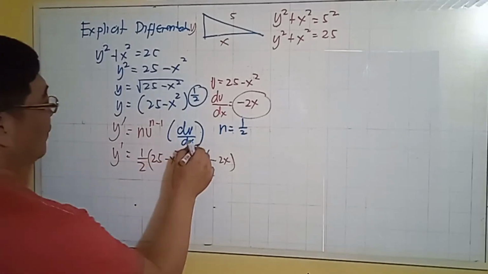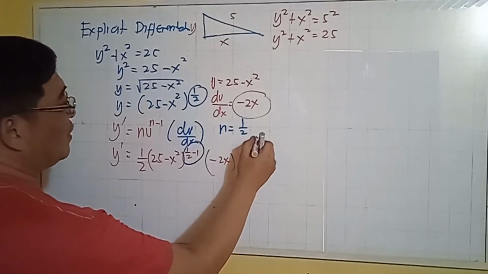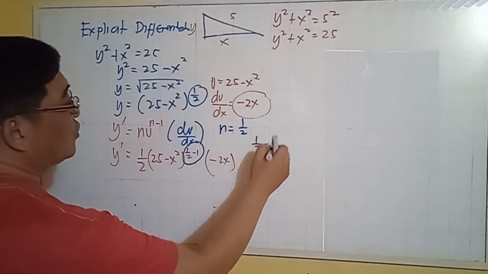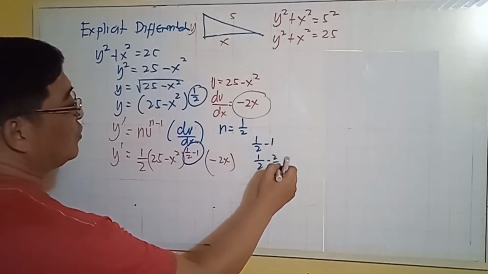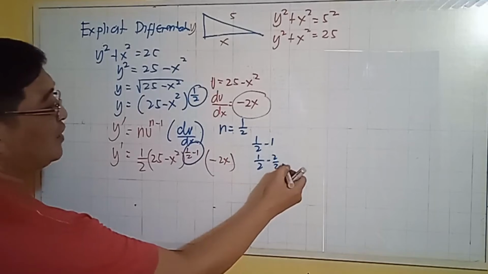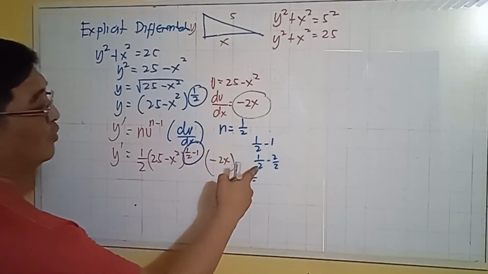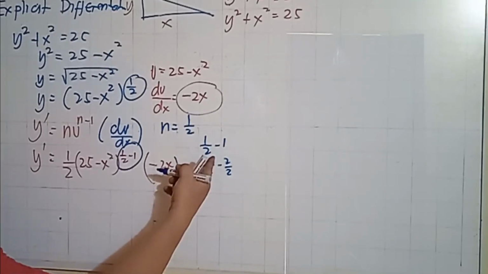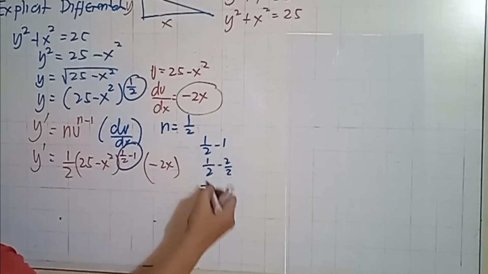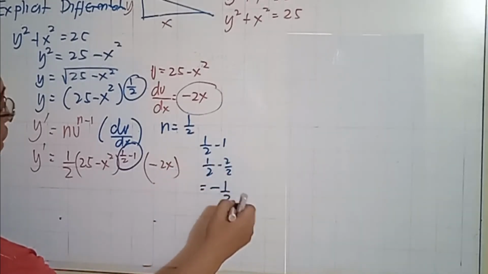So, itong 1/2 minus 1, pwede natin sabihin na 1/2 minus 2 over 2. Diba? 2 over 2 yun. So, immediately, pwede na natin kunin yung difference nito kasi pareho na yung denominator. So, subtract lang natin yung numerator. 1 minus 2 is equals to negative 1/2.